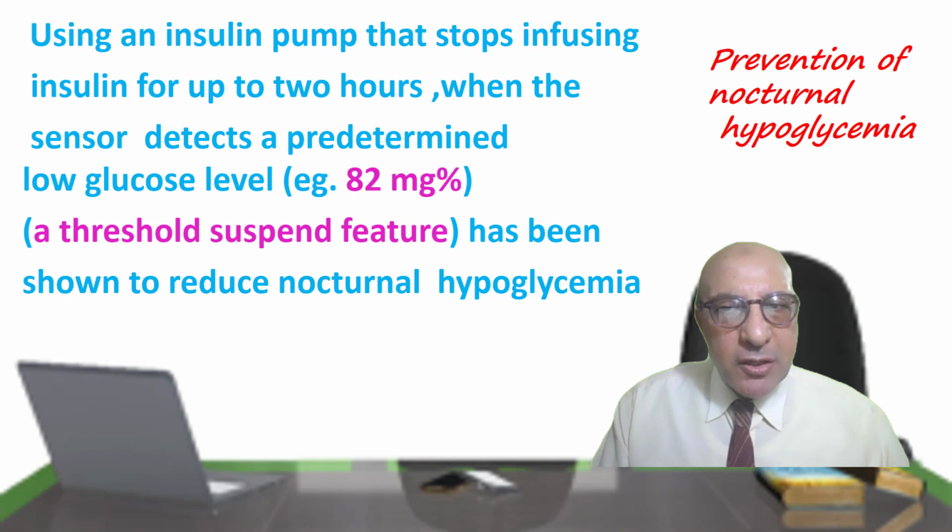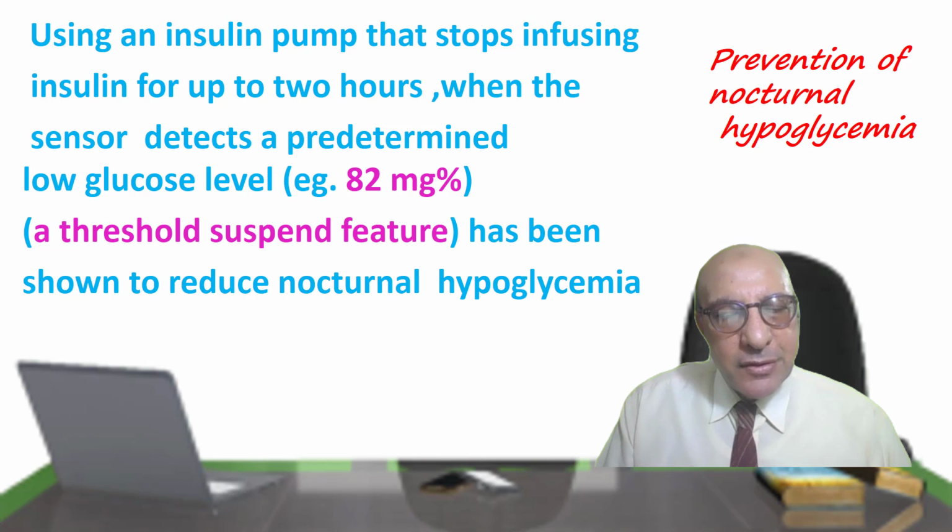As for prevention of nocturnal hypoglycemia, the use of an insulin pump that stops infusing insulin for up to 2 hours when the sensor detects a predetermined low glucose level.